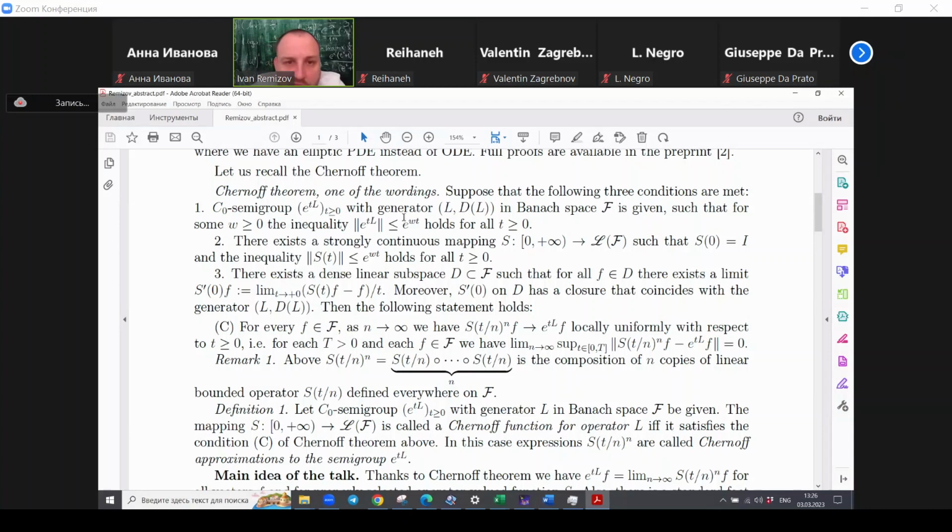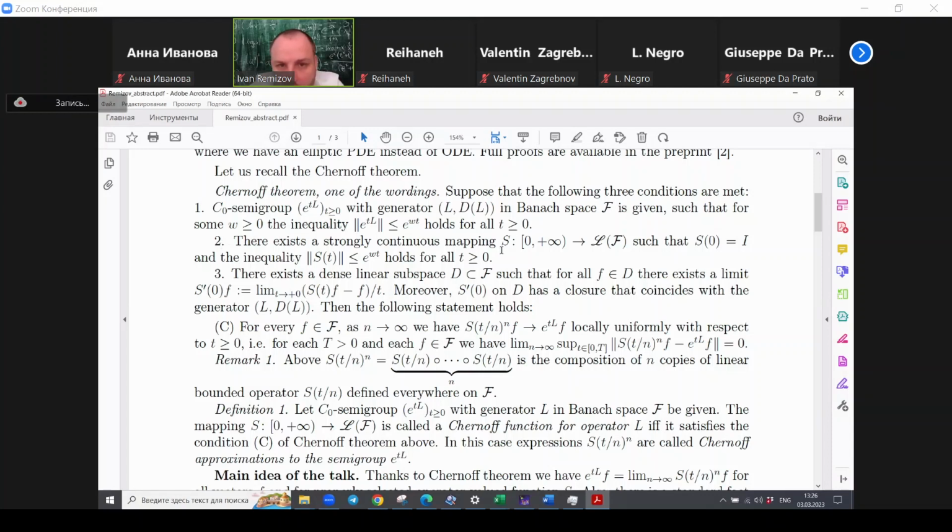If we add here a multiplier M, which is greater or equal than 1, then those semigroups are of general sense. Such inequalities with some constant which is greater or equal than 1 are satisfied for all semigroups. So this is a slight modification, but there is also a Chernoff theorem with M here.